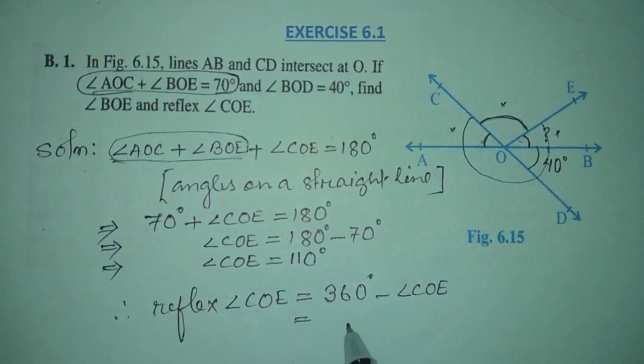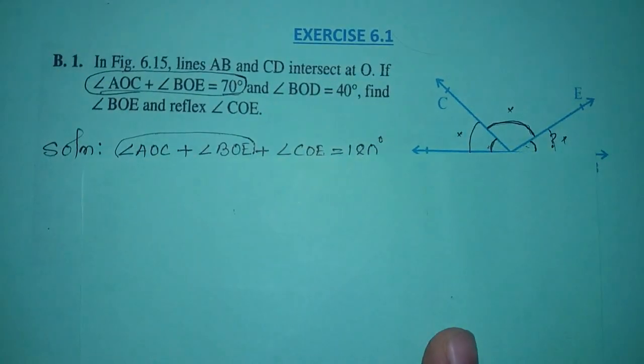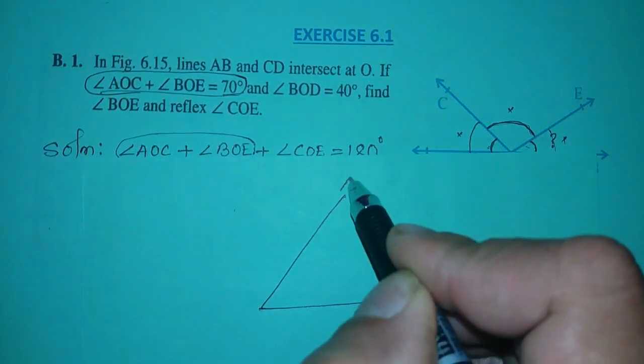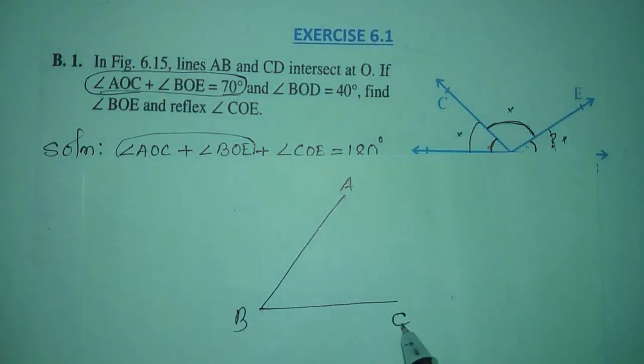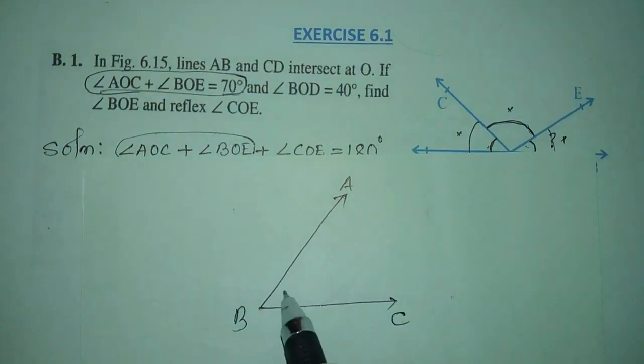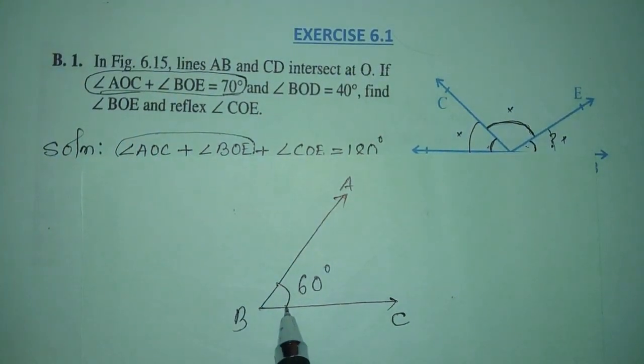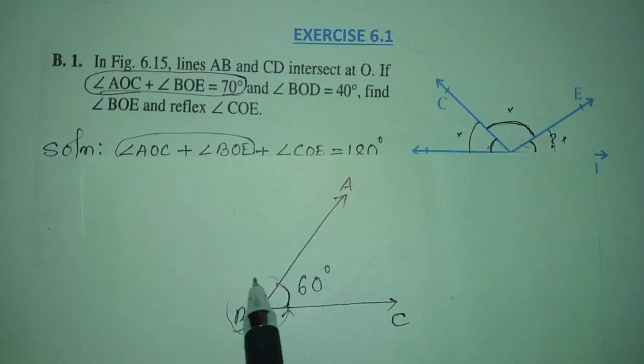To find reflex angle, it is very simple. Let us suppose that this is angle ABC, whose measurement is 60 degree. Now we know that the measurement of angle starting from this point back to this point is 360 degree. So this is a complete angle which is 360 degree.